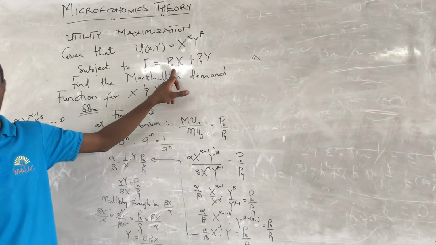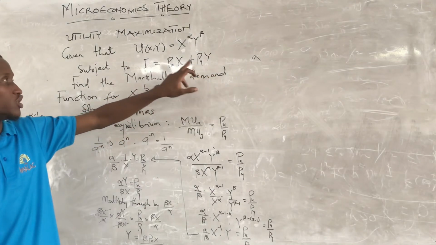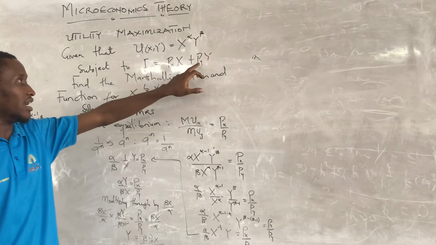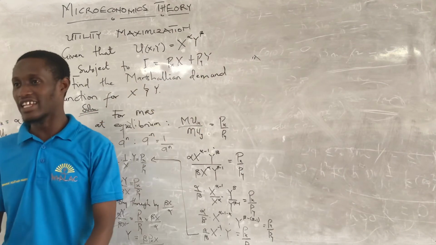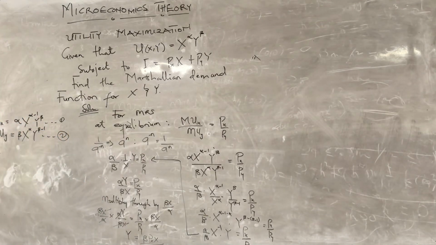That is for x. When we take y, the demand function should be in terms of the beta here, the price here, and the income. Take note, this is for the Cobb-Douglas function. We have not tried Leontief or the fixed proportion.